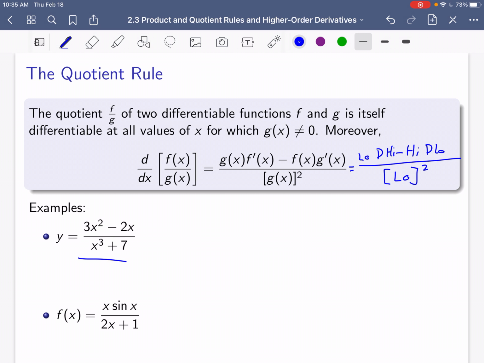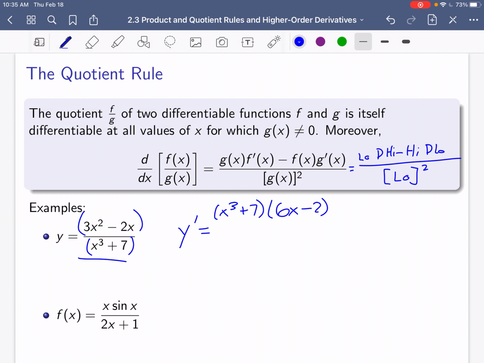Here we have y is equal to, our top function is 3x squared minus 2x. Our bottom function is x cubed plus 7. So when we take our derivative, we have low, the bottom function, times d high, the derivative of the top. The derivative of 3x squared is 6x. We bring the power down, subtract 1 from the power, minus the derivative of 2x, which is 2.